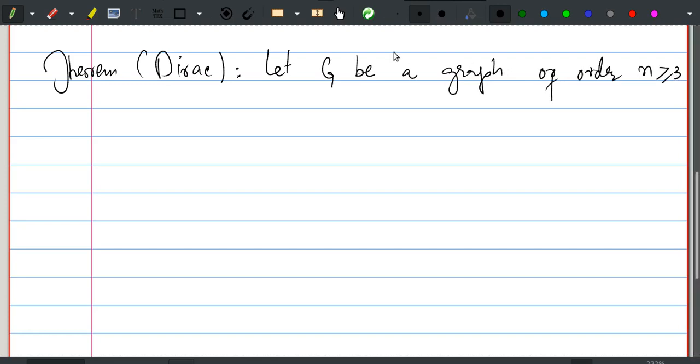That is, G has at least 3 vertices, and it is given that delta G, which is the minimum degree of a vertex in the graph G, is bigger or equal to n by 2. That means if we pick any vertex in G, its degree is at least n by 2. It cannot be less than n by 2. Then G is Hamiltonian.